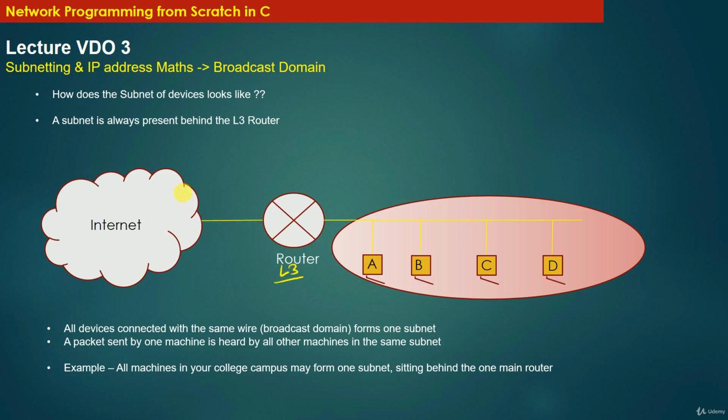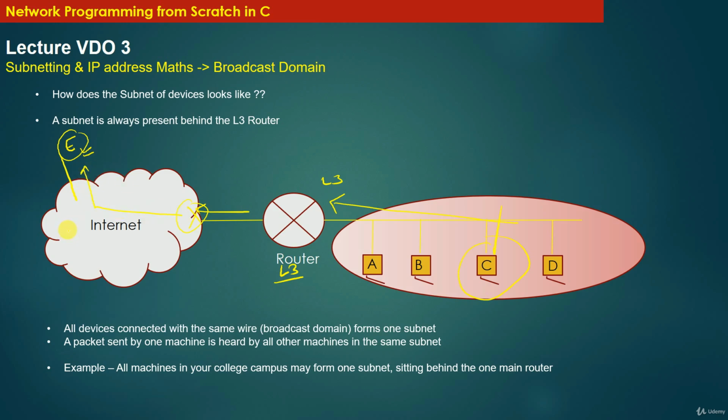So in this example, let us say that there is some remote machine E present elsewhere in the network, and machine C wants to communicate with machine E. This is an example of communication where the communicating machines are present in different subnets. All the data generated by machine C will have to go through the L3 router, and there could be any number of L3 routers present in the network, and eventually the data reaches machine E.